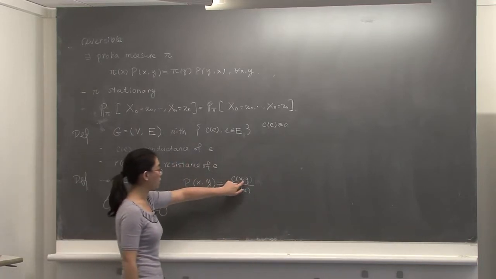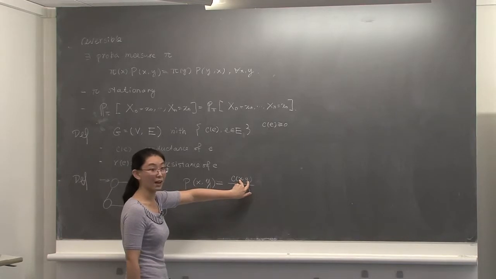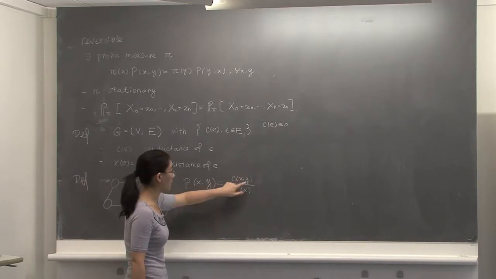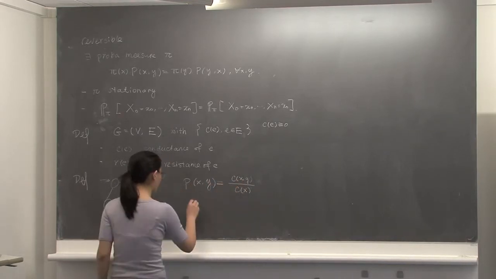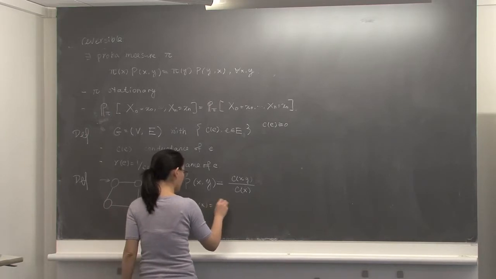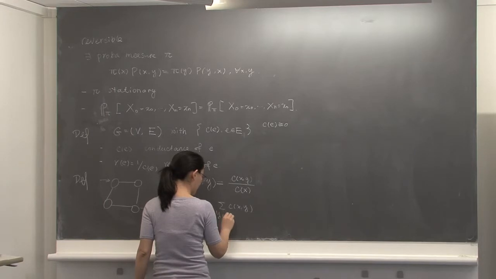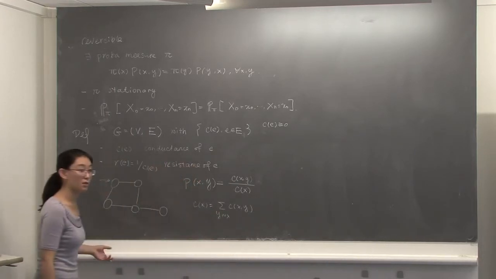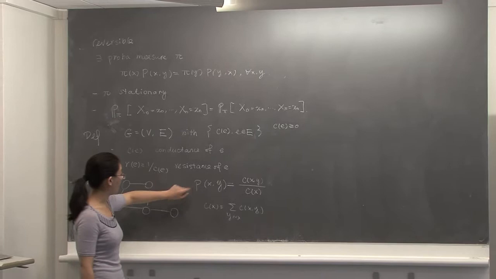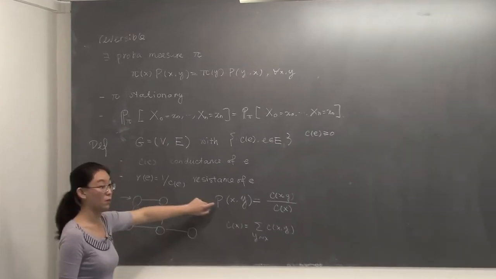Okay, so c_xy means the conductance on the given edge xy, and c_x is just a normalizing constant.